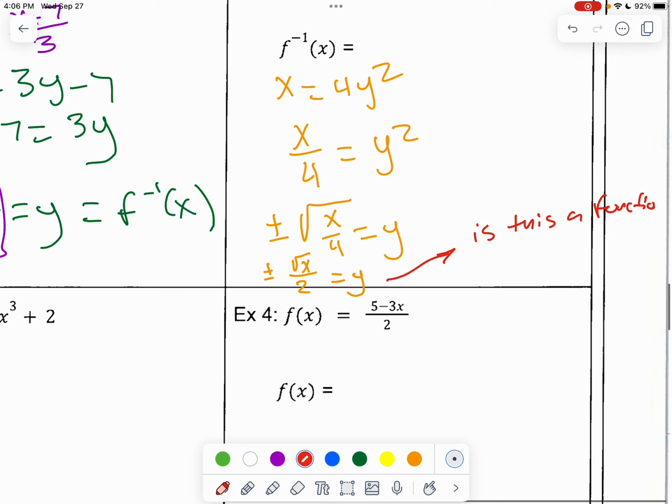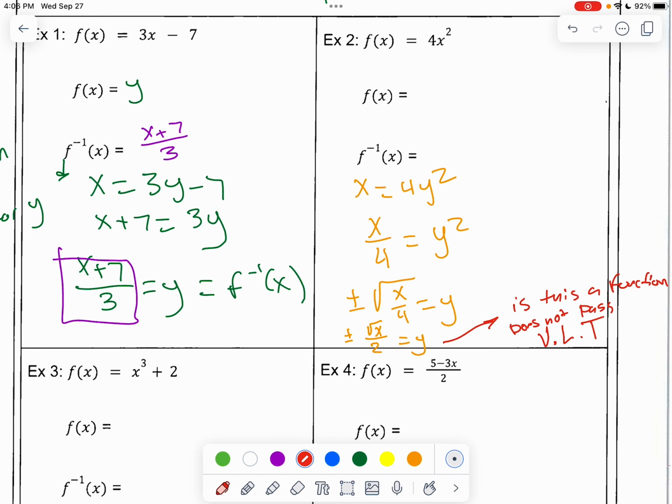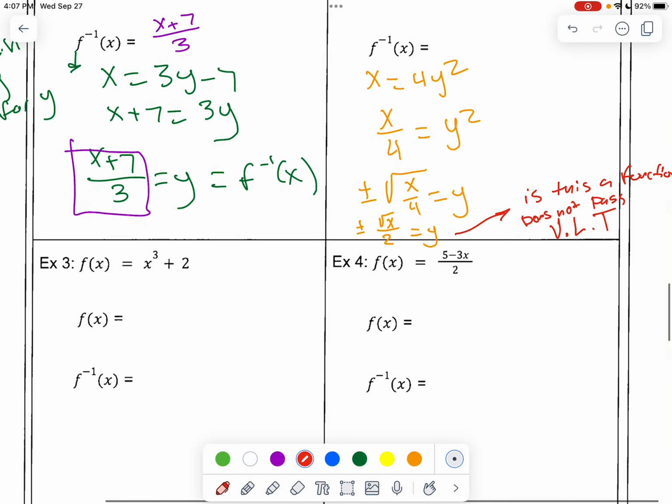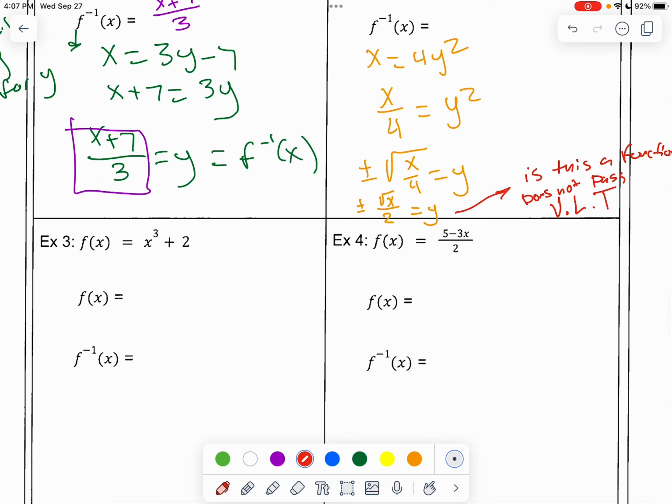Well, it doesn't pass vertical line test, VLT. So because of that, this has no inverse because you do not actually have a function. But if you were going to write the inverse, that would be the function. So I'll fill in the rest. You guys can try it on your own, but on the video, I'll leave it for you to see how it finishes.